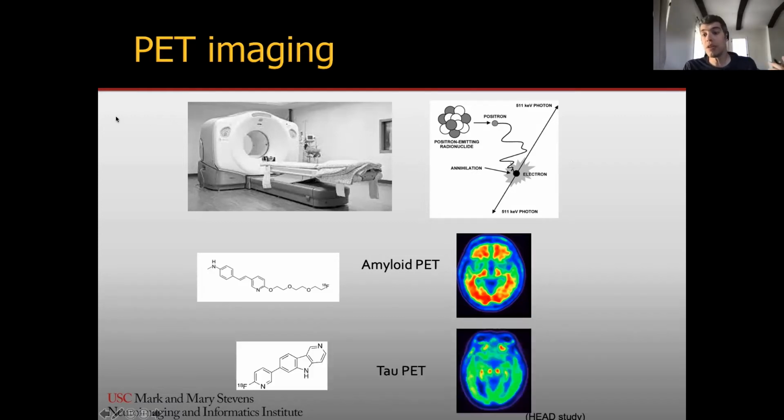Similarly, we can use different tracers, again using the same technique, such as flortaucipir, to understand how the tau microtubules are in the brain, again, because we know that tau proteins that form into these abnormal filaments have been associated as well with Alzheimer's disease. And I will show you some of these pictures later on.